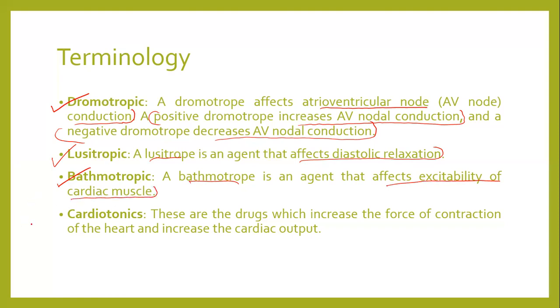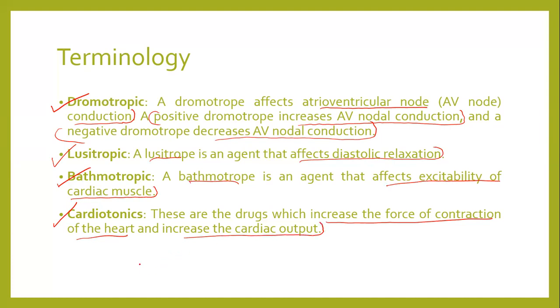Okay, so next is the cardiotonics. Let me tell you the drug we have already studied which acts as a cardiotonic, and the name of the drug is digoxin. So what do these drugs do? They increase the force of contraction of the heart and increase the cardiac output.